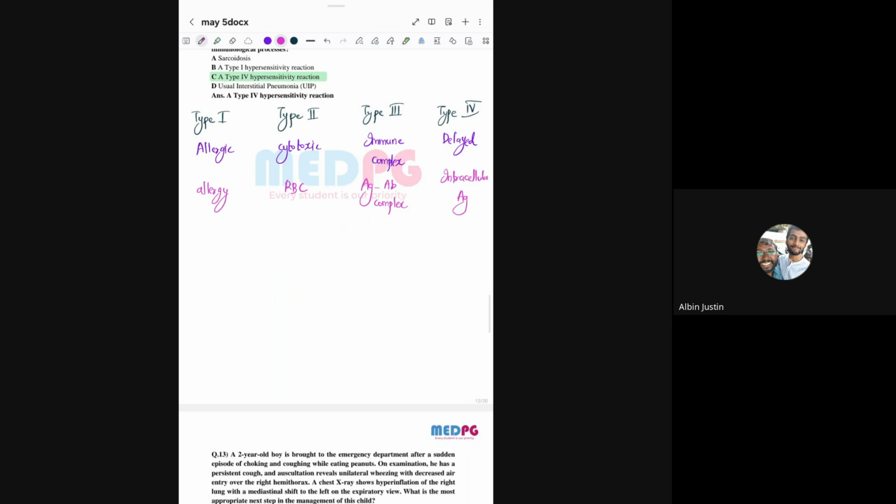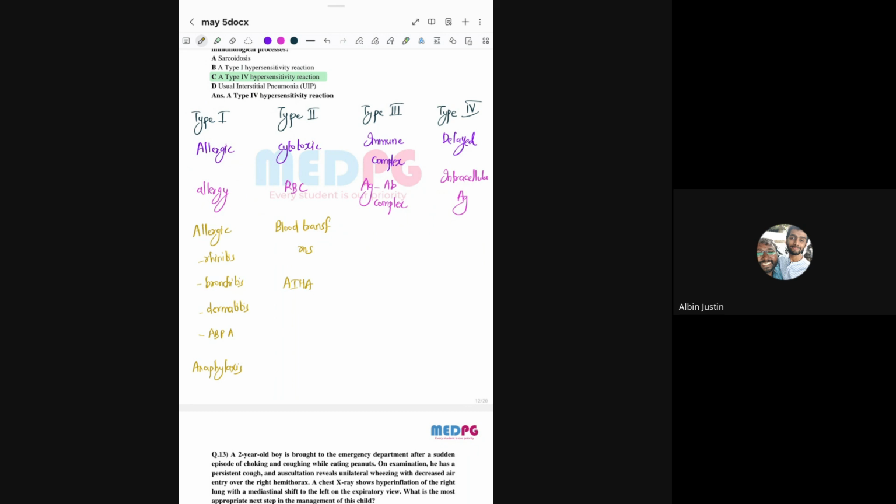Okay. Examples: allergic rhinitis, bronchitis, dermatitis, ABPA, then anaphylaxis, etc. Type 2 is blood transfusion reactions and autoimmune hemolytic anemia.